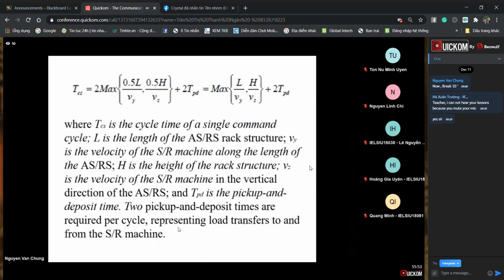So you can use this formula: the cycle time of a single command is the max of the horizontal and vertical times, plus two T_PD.